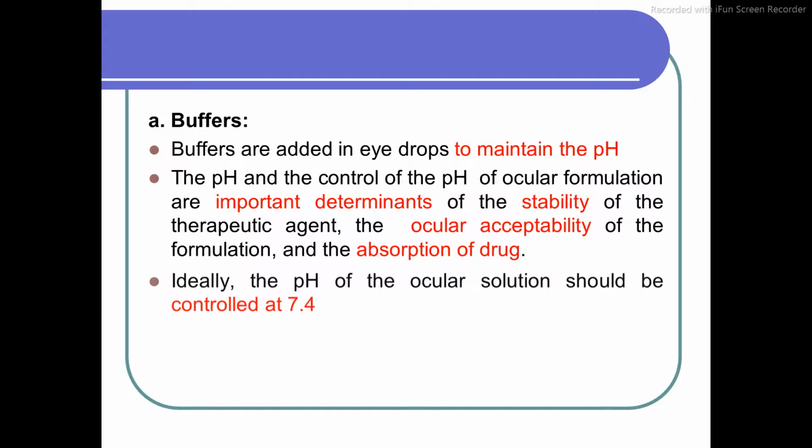Once you add an eye drop with a pH of 7.4, the patient may not feel any irritation, because the pH of your eye drop and your lacrimal fluid is equal, and if the pH is the same, there will be no irritation. But if there is a variation in pH, suppose we are administering an eye drop with a pH of about 4 or 5, then there will be severe irritation in the patient's eyes.